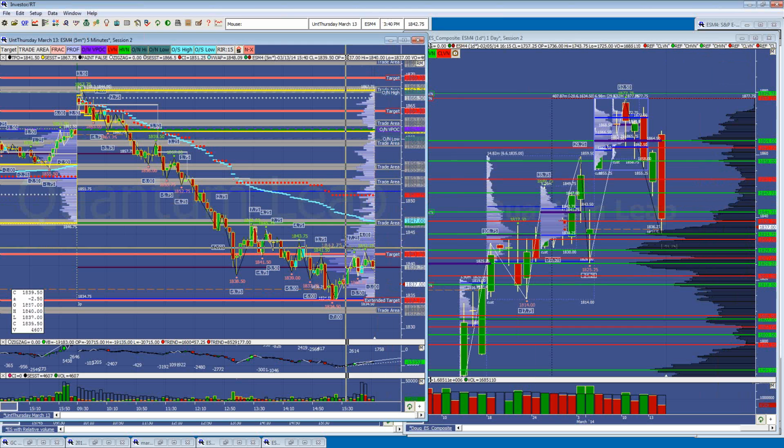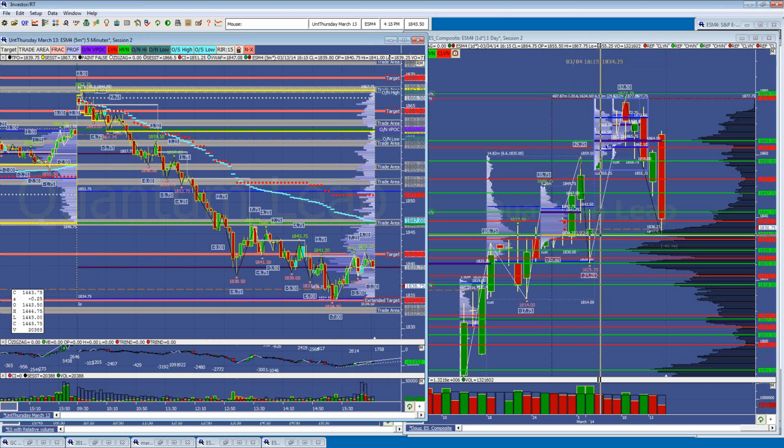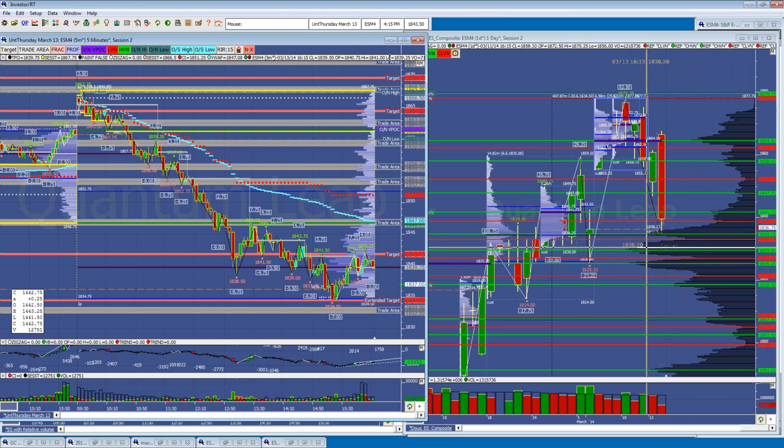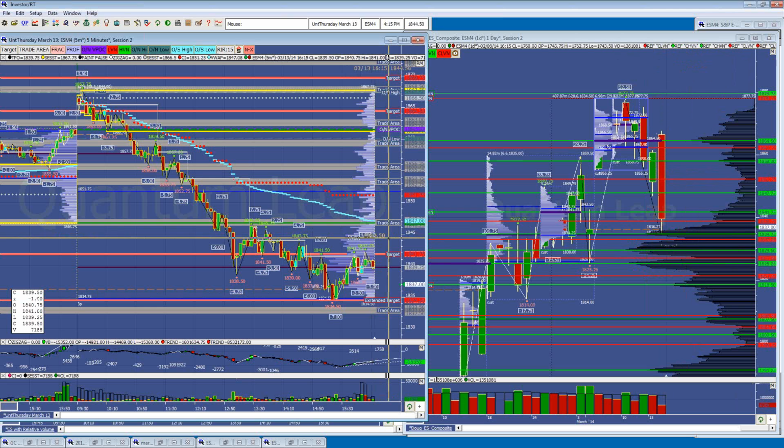We had the 47 target, and then we had the 41.75, which was the microcomposite VPOC here, and then we had our extended target all the way down here. And here we are in this lower distribution. So I just want to leave that in your mind, and why we have multiple hypotheses and why we have a plan for even when our main hypothesis is violated, and be able to react to those situations.